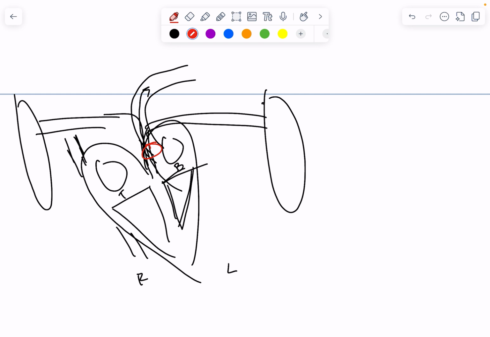Okay, so let's quickly mention, because we're going to talk about the SA node and the AV node. The AV node is approximately here. Sorry, this isn't right.